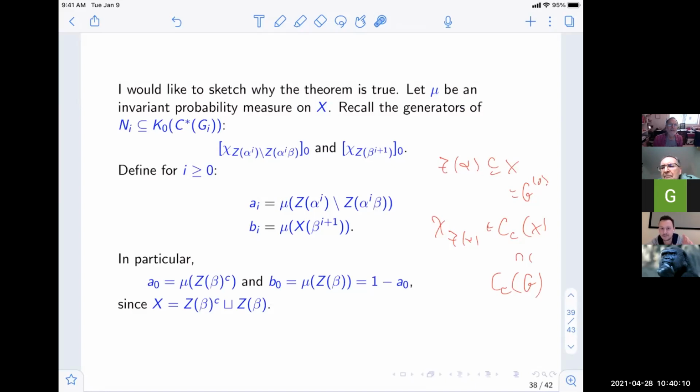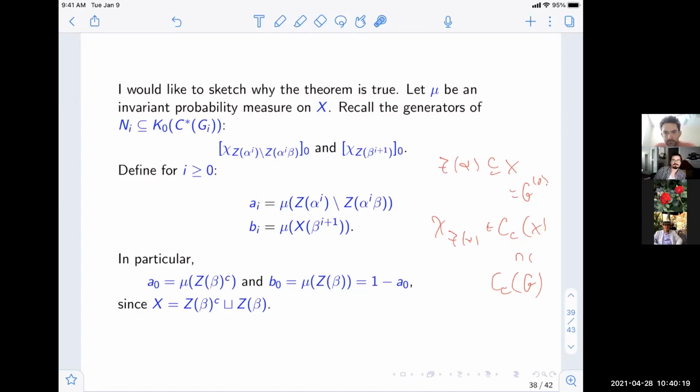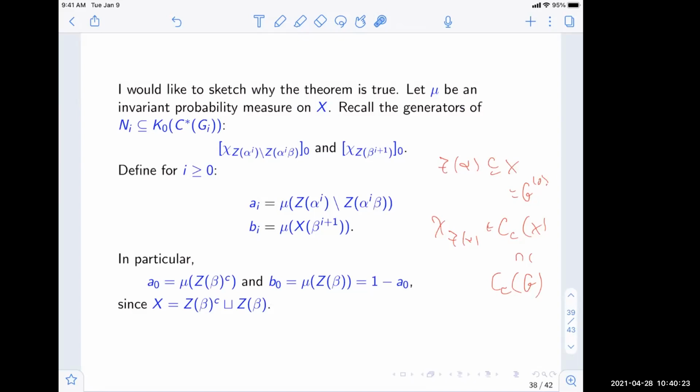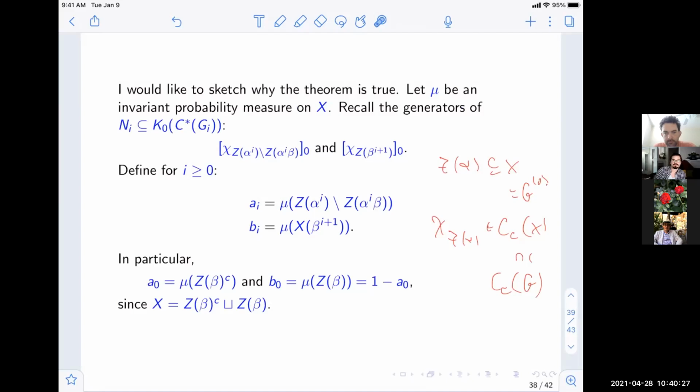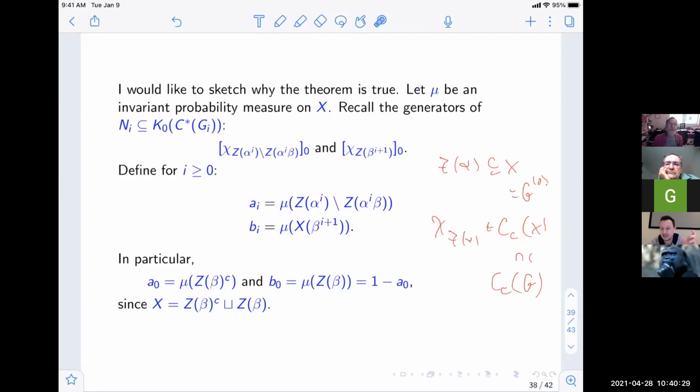For example, I was doing this for one graph, but I guess this could be handled in your case as well, for higher rank graphs or for categories. It's like the inverse semigroup is acting on a space, and how you obtain this modding out relation is by the germ groupoid of your transformation groupoid. Yeah, I know what you mean. Yes, that can be done.